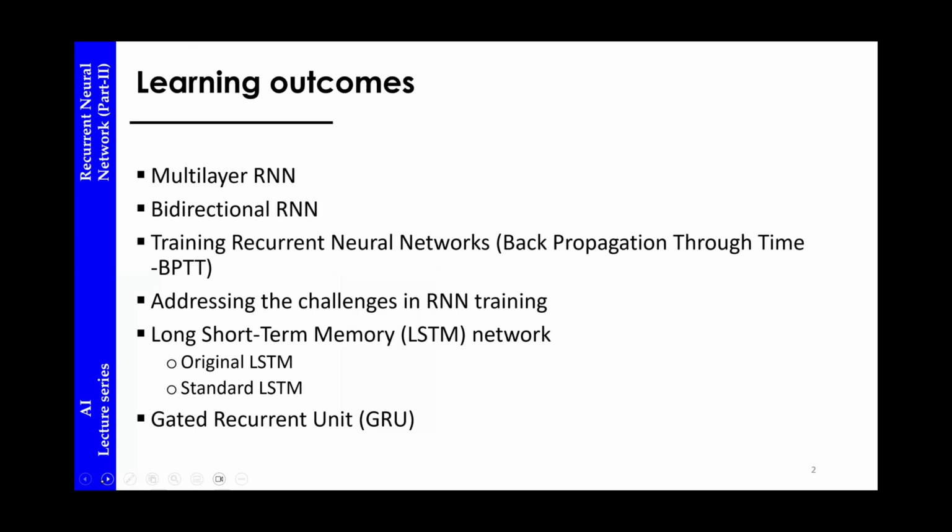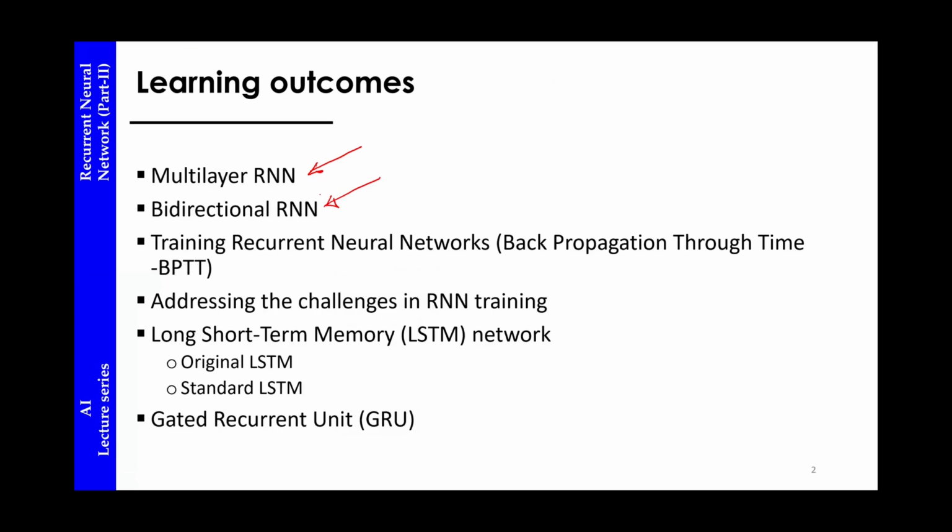From the first video, remember you have learned the vanilla recurrent neural network, which was the simplest architecture of the recurrent neural network. In this video, first I will start by describing the multi-layer recurrent neural network and the bidirectional recurrent neural network, which are a bit more complex than the vanilla one.